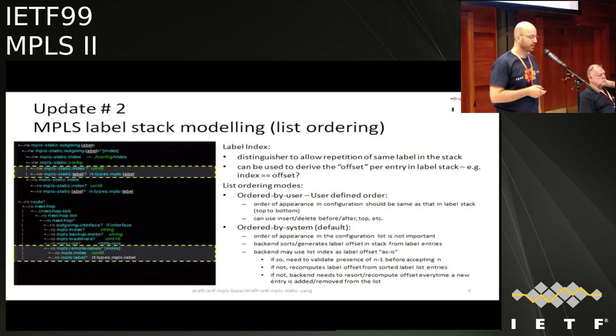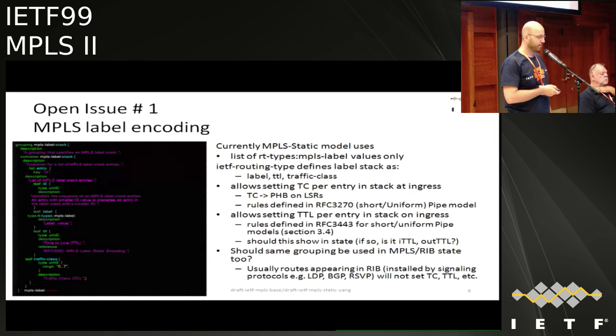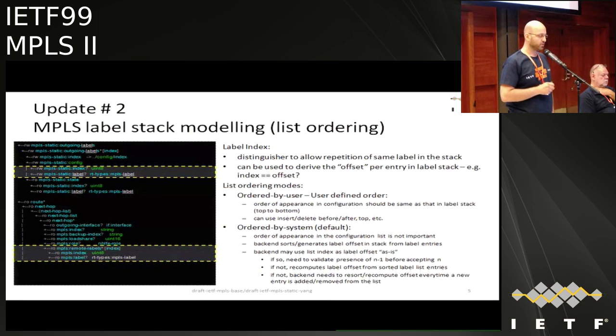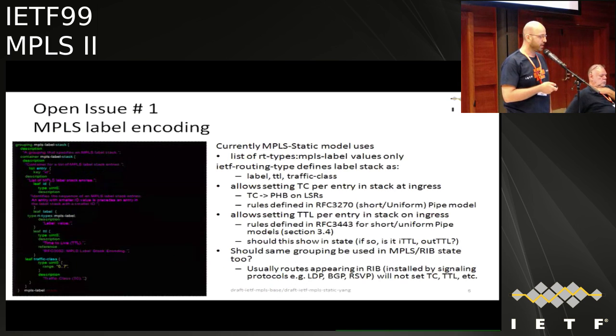So back to the label encoding of entries in the list. Currently we are showing the label values in the label stack, and on the previous slide, the list is composed of label value entries only. No TTL or traffic class is allowed to be added, but the routing type, as I mentioned, is defining this grouping that exposes label value, TTL, and traffic class.